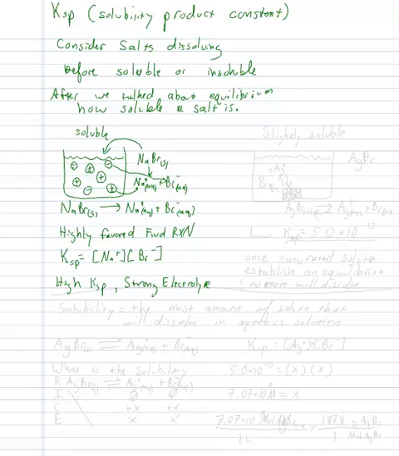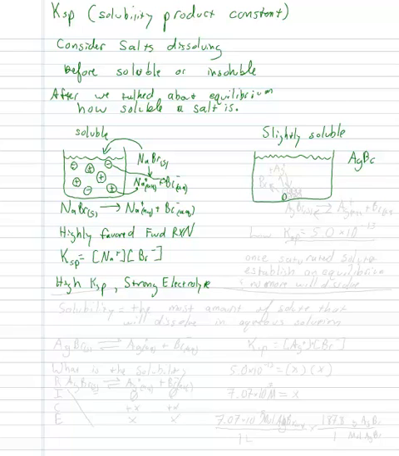Now, we have a slightly soluble salt. Let's say we have, for example, AgBr. We talked a little bit about it when we talked about weak acids, but if we added a small amount of AgBr solid, only some of it would dissolve.